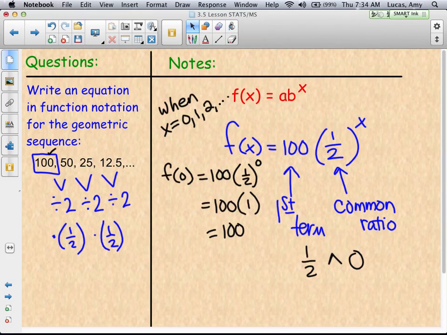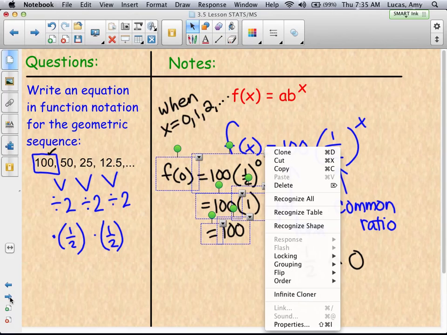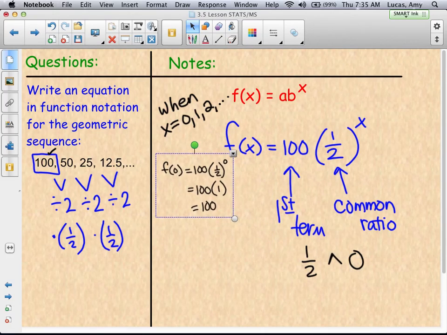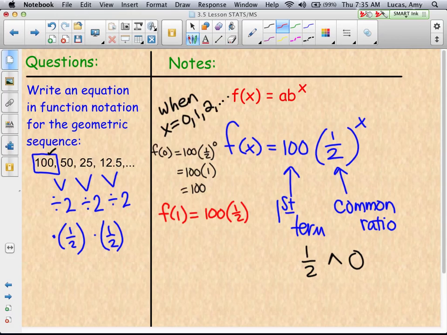Perfect. I could check the next one. So all I need to do is plug in 1 this time. So f of 1 is 100 times 1/2 to the first power. 1/2 to the power of 1 is just 1/2. 100 times 1/2, half of 100 is 50.